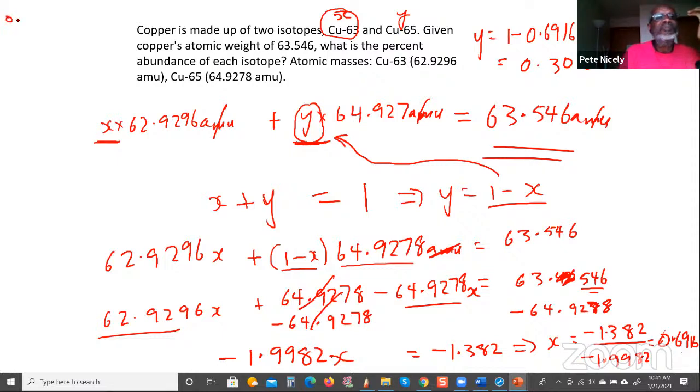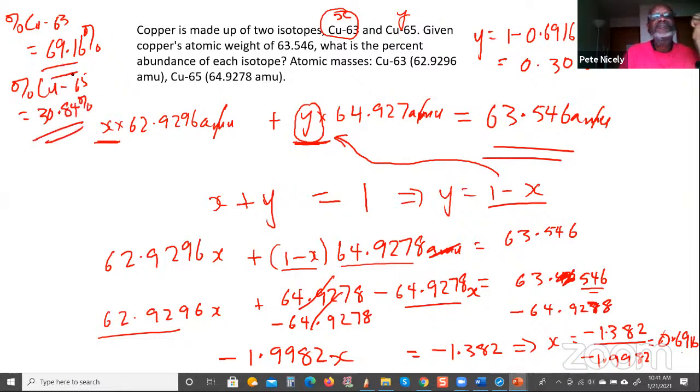So the final answer is that the percentage of copper 63 is 69.16%, and the percentage of copper 65 is 30.84%. I'm sorry for the jumbled look, that's because I didn't have enough space to fit everything in. But this is basically how I would expect you to tackle a problem of this type.